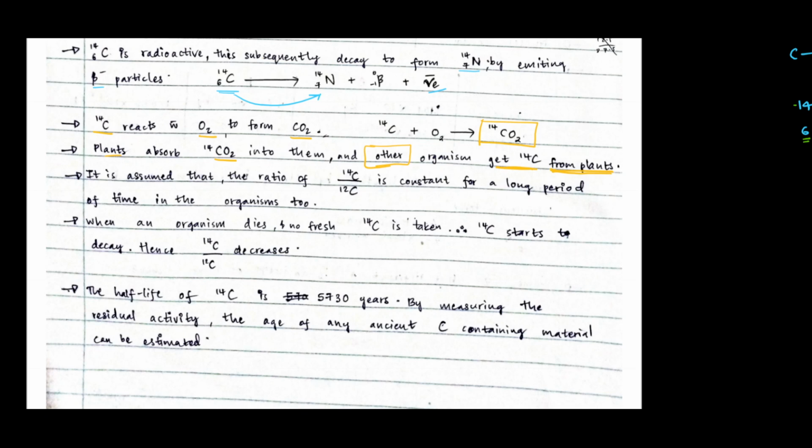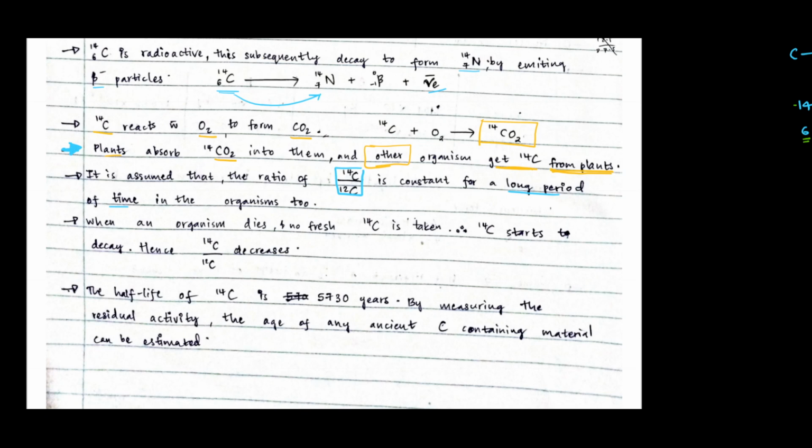And this is an important point: how animals gain carbon dioxide, that is carbon 14. Next, the ratio of carbon 14 to carbon 12. This ratio has been constant for a very, very long period.